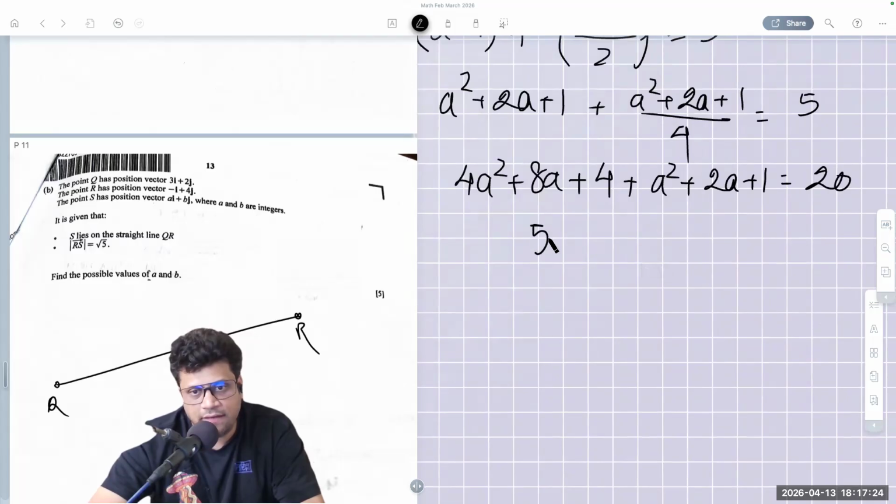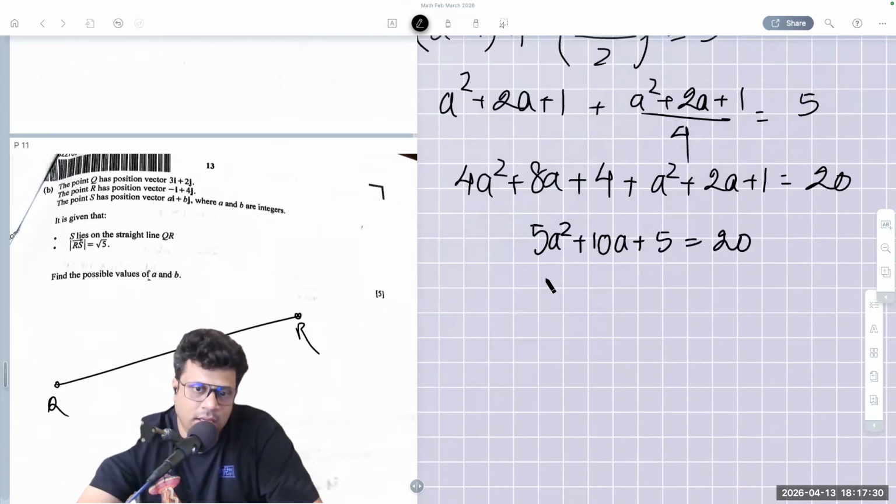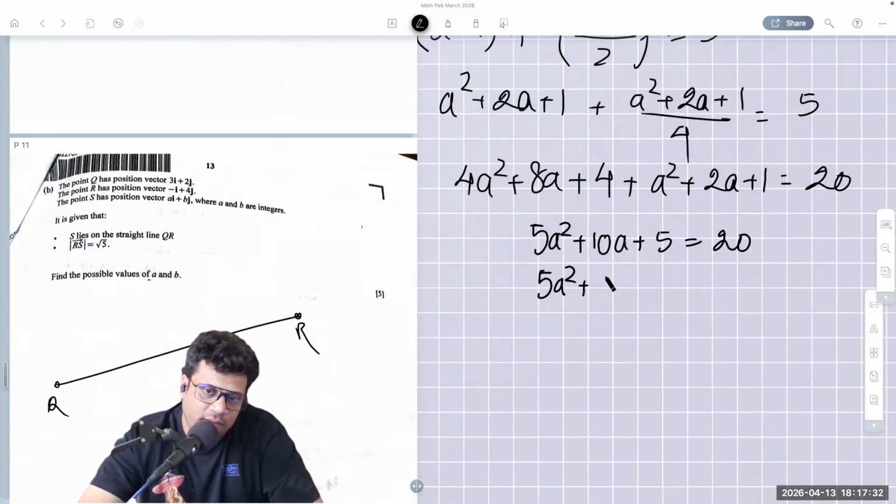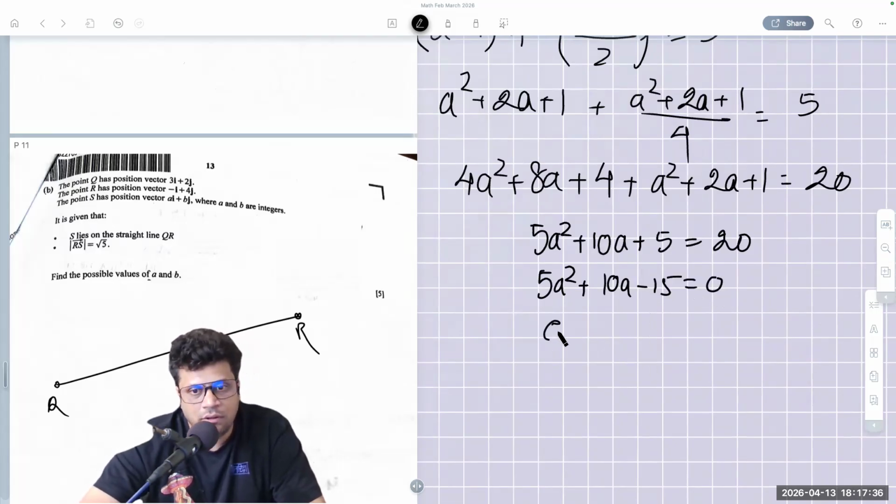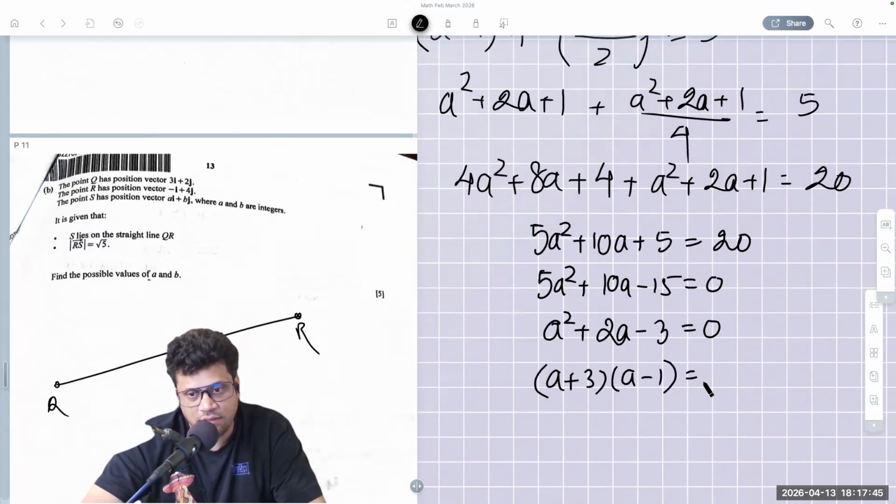So you are looking at 5A square plus 10A plus 5 equals 20. That's 5A square plus 10A minus 15 equals 0. A square plus 2A minus 3 equals 0. That's (A plus 3) times (A minus 1) equals 0.